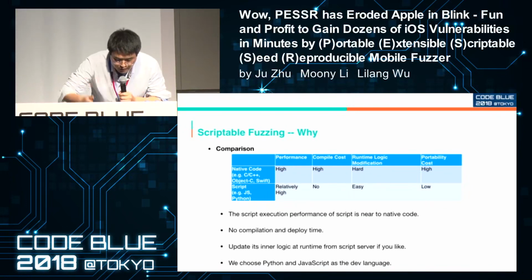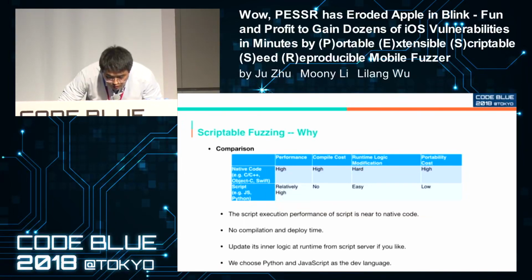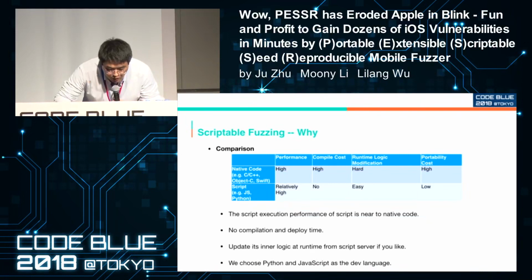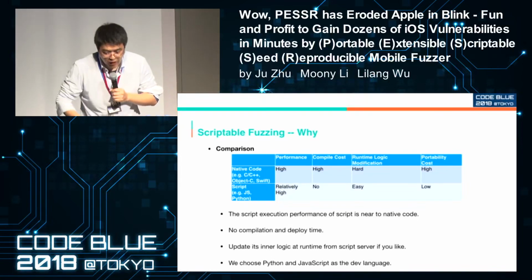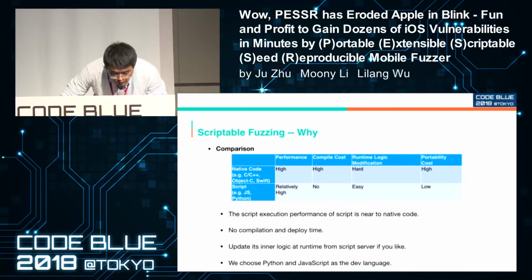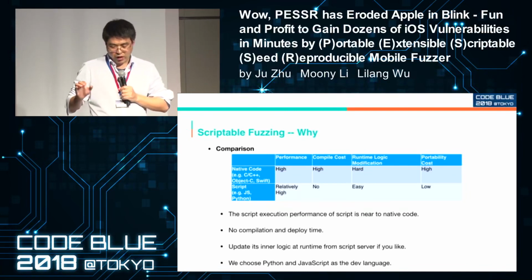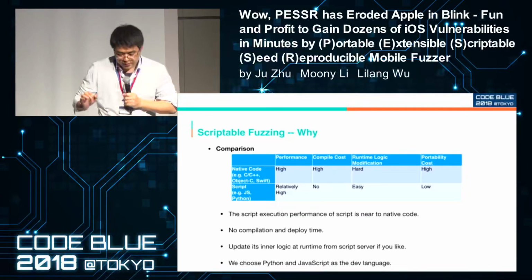For example, whether the fuzzing agent is easy to port to different platforms, whether we can modify the fuzzing logic at runtime or not, and whether it needs compile effort. And finally, we choose to wrap our fuzzing framework of iOS or Mac in the format of a script.